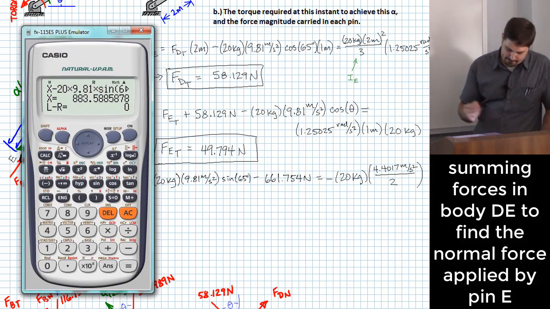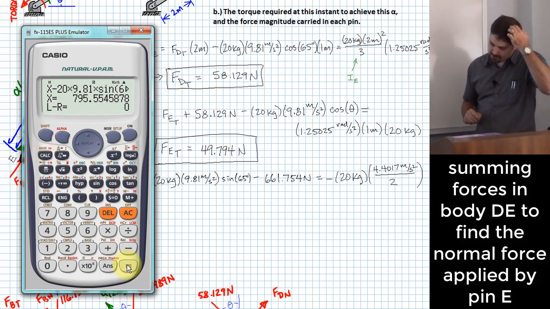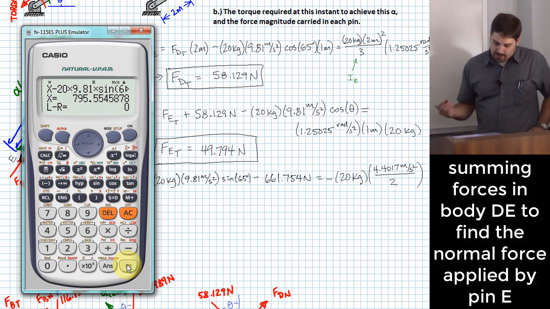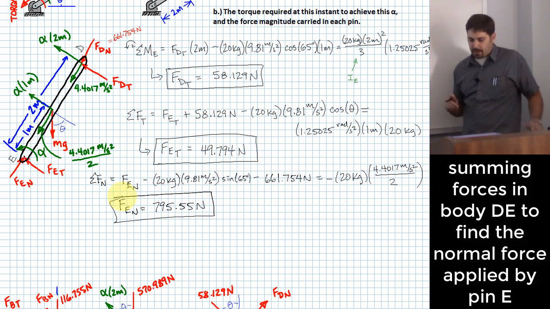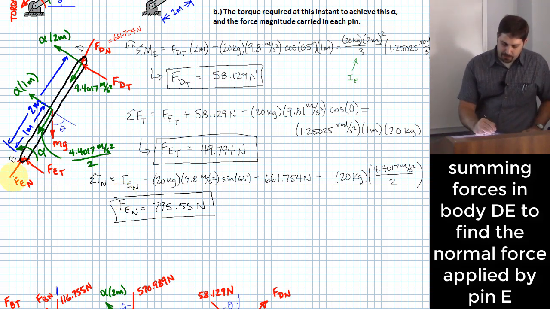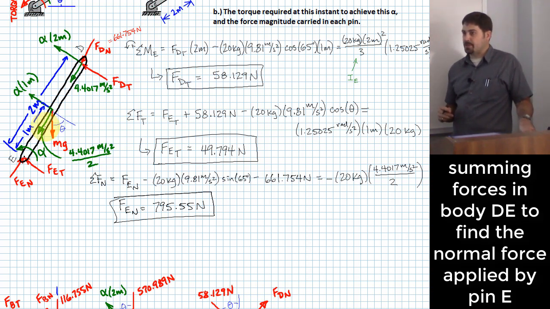Okay. So let me change that up here. All right, 795.55. Okay. Notice here that my direction of my arrow for FEN is opposite the direction of my arrow for centripetal acceleration, right?